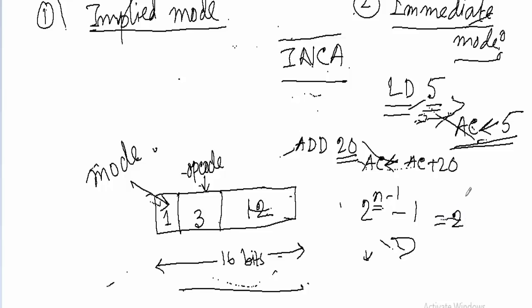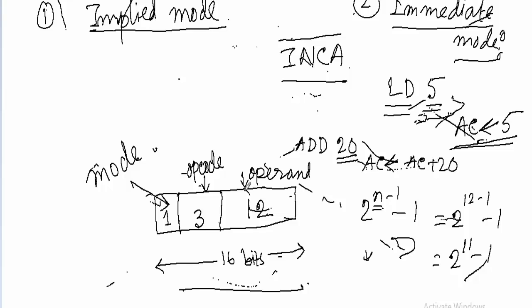So 2 to the power 12 minus 1, minus 1, that means we have 2 to the power 11 minus 1. So in the operand field, the maximum value we can put in 2's complement representation is 2 to the power 11 minus 1. This type of question could be asked in the immediate mode.